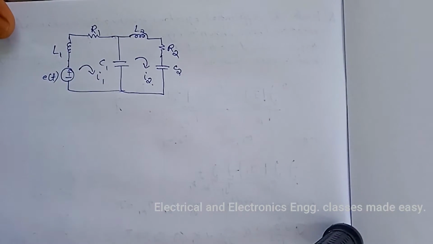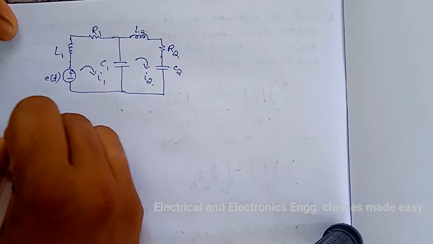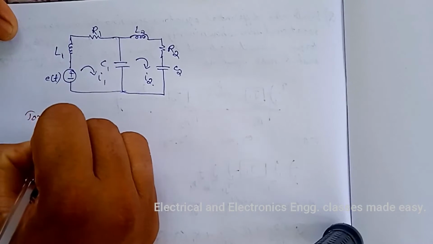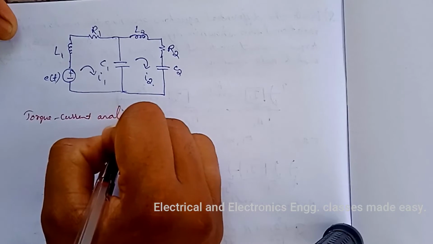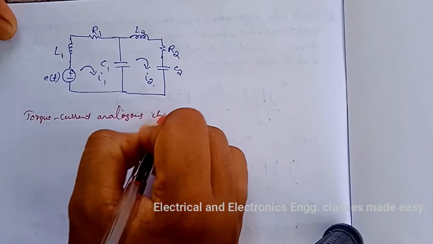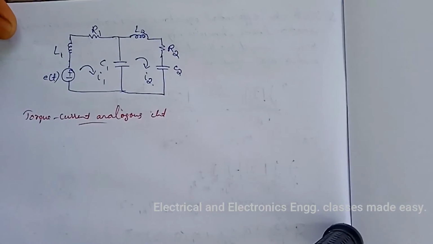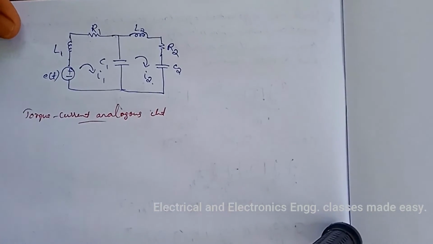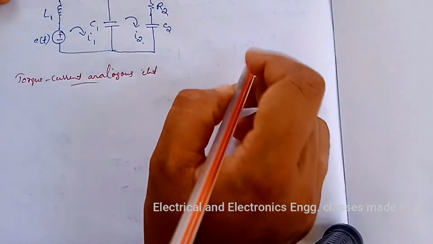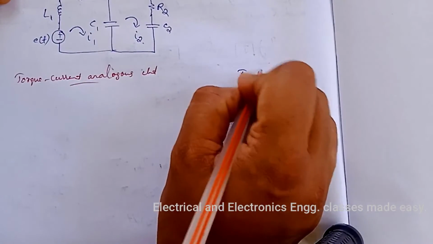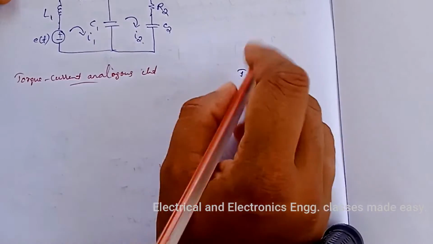Now we have to draw the torque current analogous circuit. So for that, in torque current analogous circuit, torque is analogous to the current source.